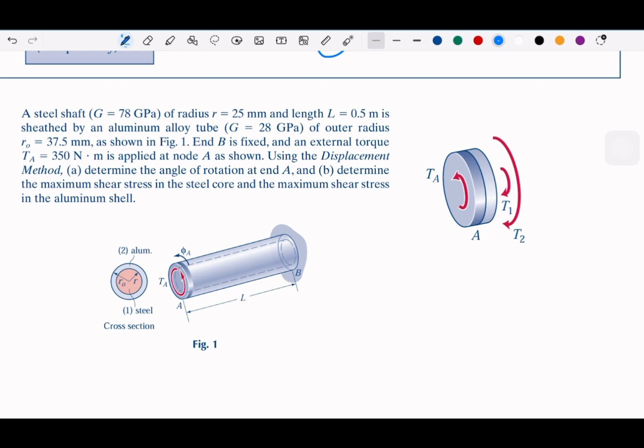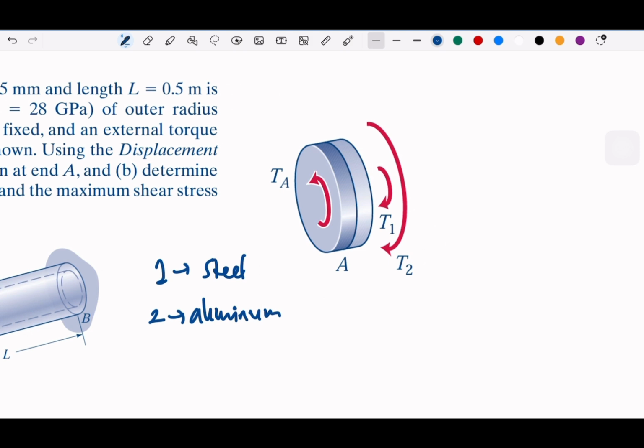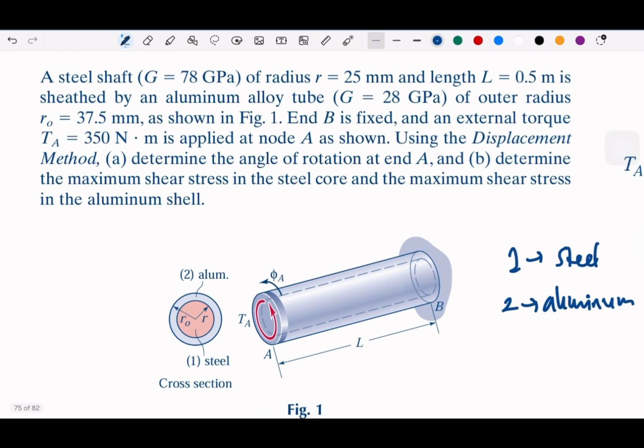Let's say the steel is 1 and aluminum is 2. Suppose at the point A we have this torque TA that is applied at 350 Newton meter, at the joint or node A.